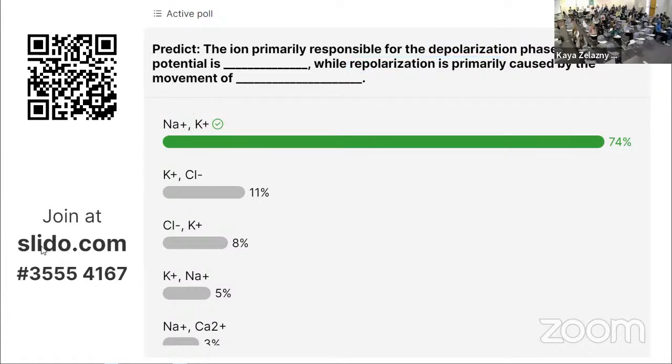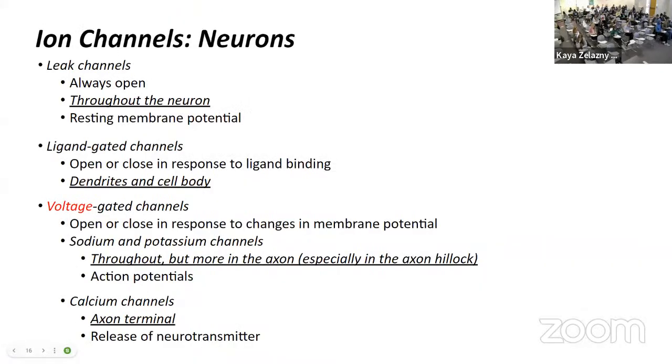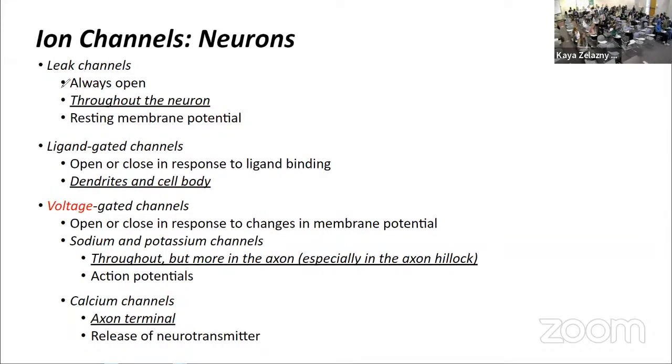Okay. So we are going to move into our action potential now. I just want to make sure that we remember what channels we've talked about so far. When we were talking about why we are at the resting membrane potential of -70, this is due to leak channels that are present throughout our neurons, so throughout the whole cell, and they're always open.